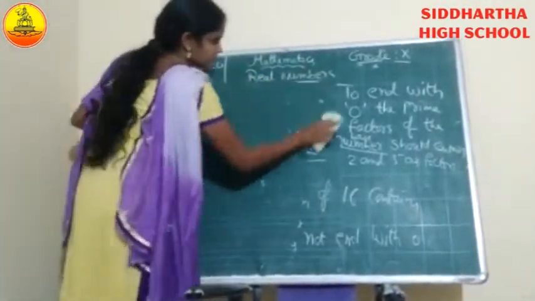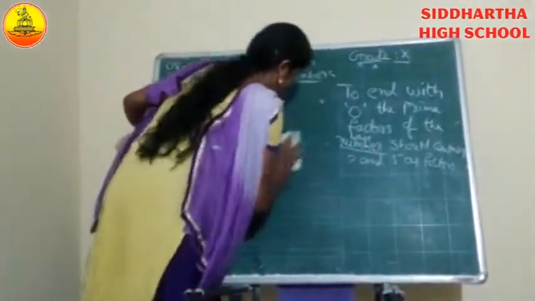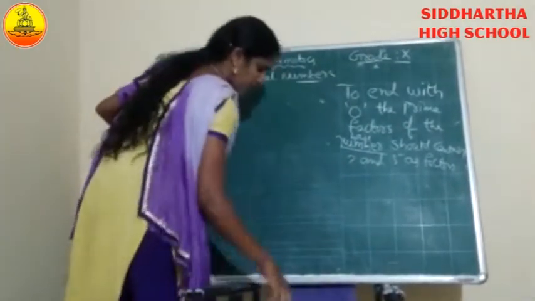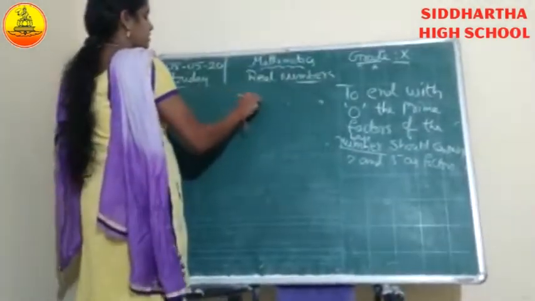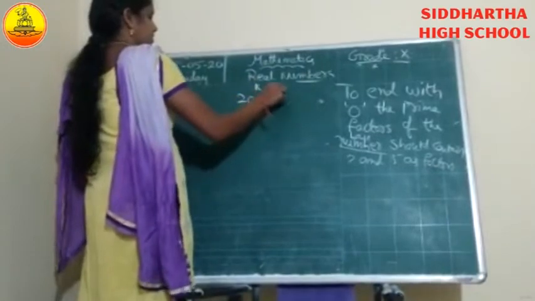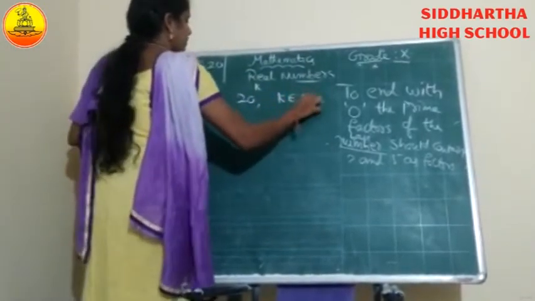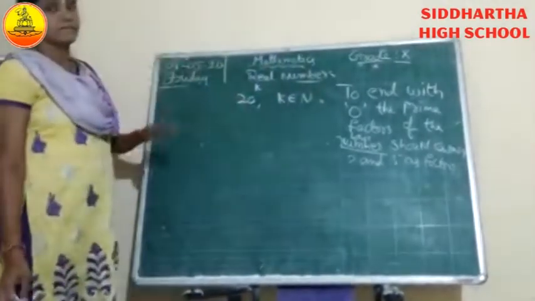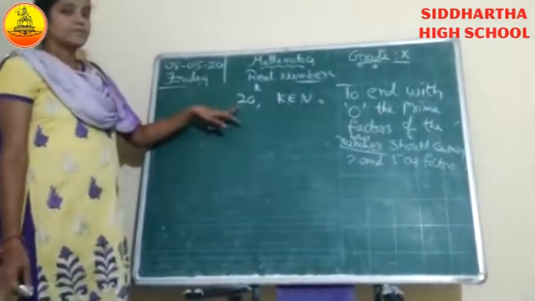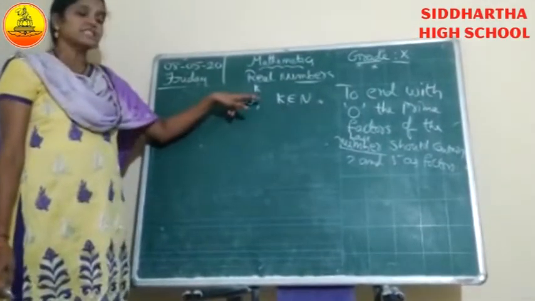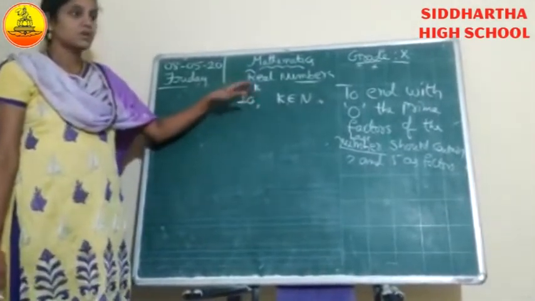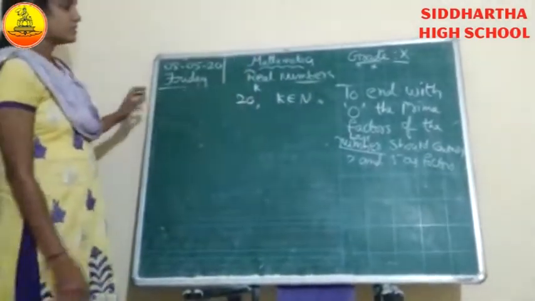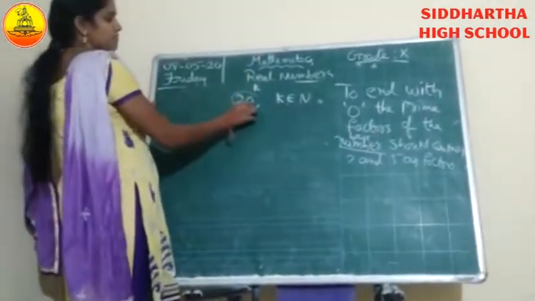Next one. Say 20 power k, where k belongs to N. N means natural numbers. So, can you say 20 power k ends with 0? To end with 0, first we have to do the prime factorization of the base.